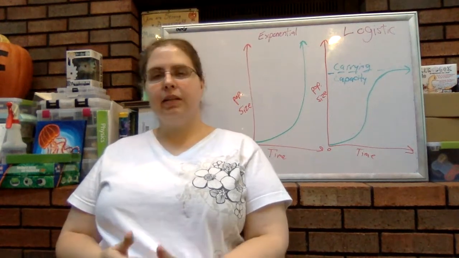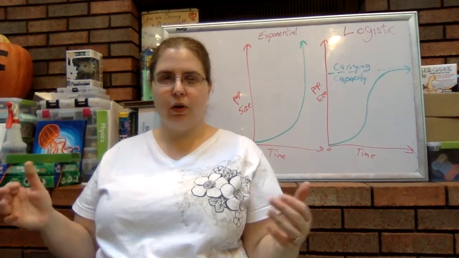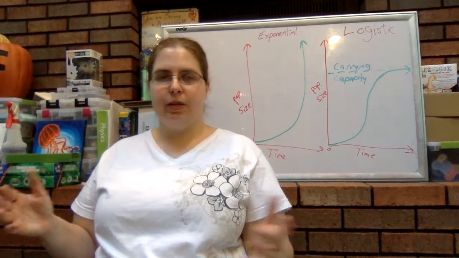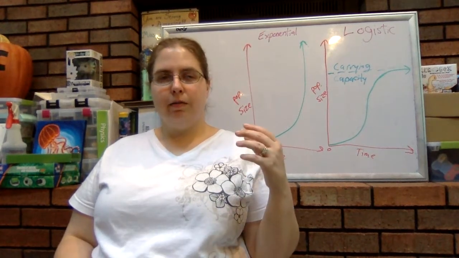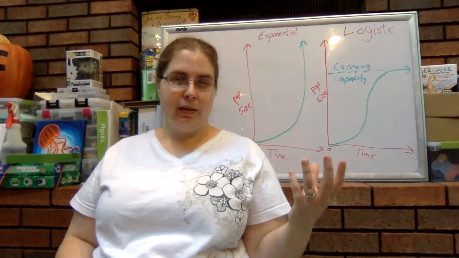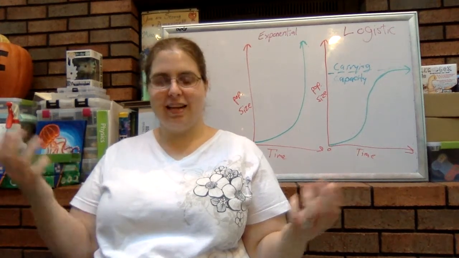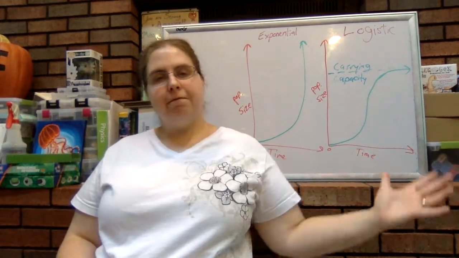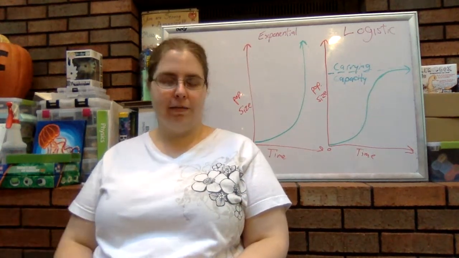Now, that doesn't mean that the population doesn't change. It doesn't mean that you aren't having any new individuals born. What it means is the number of births or immigration is going to be roughly equal to the number of deaths and emigration. So if you have 5 individuals born, you might have 4 or 5 that die.